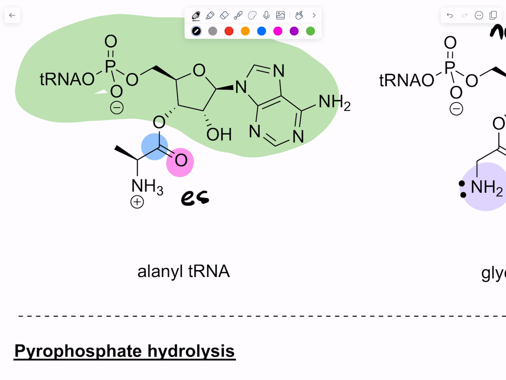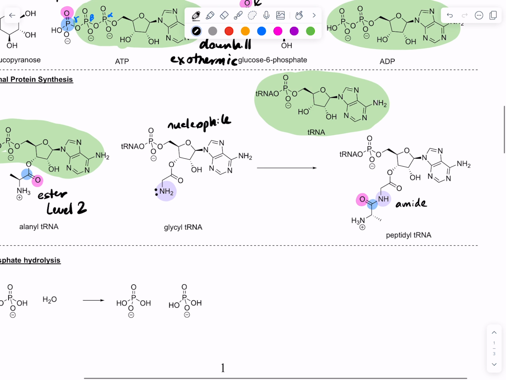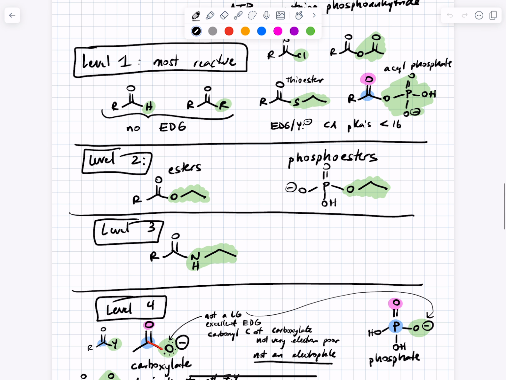So this is an ester. That's level what? Yeah, that's level 2. You said the product was amide. That's level what? Yeah, let's look back at our list. Amide is 3. The reason is the NHR minus leaving group is a poorer leaving group than an OR minus.